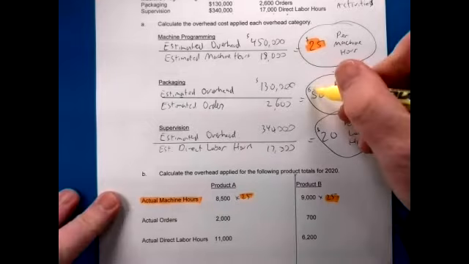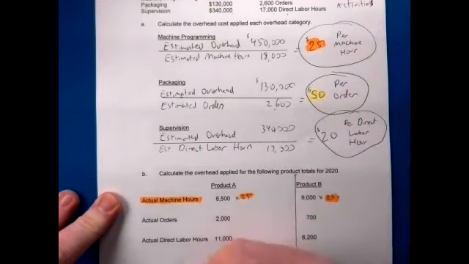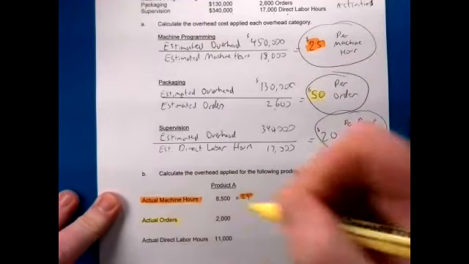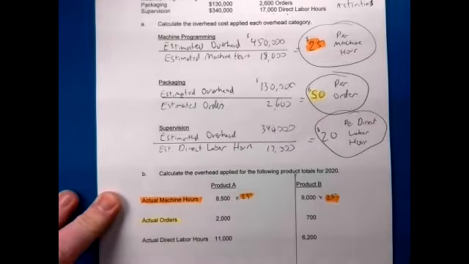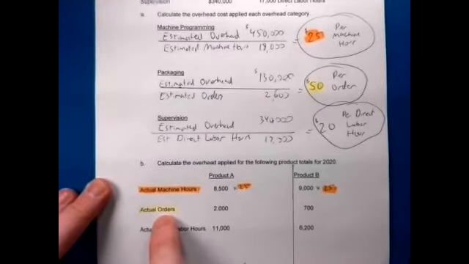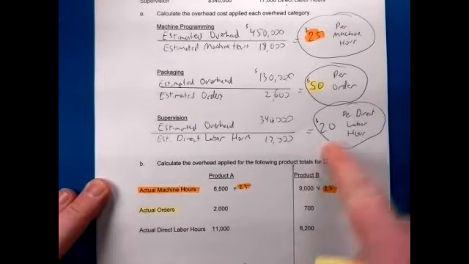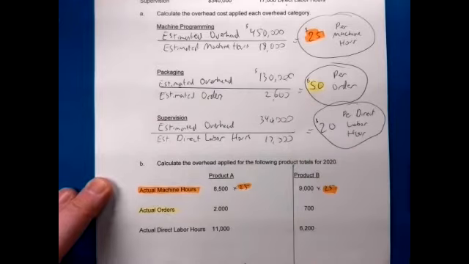And up here we got this one, packaging. And by the way, we always apply these at the actual amounts or actual rates because these are easy to get. The actual number of orders are easy. It's the ending cost that's going to be difficult for us to get here.